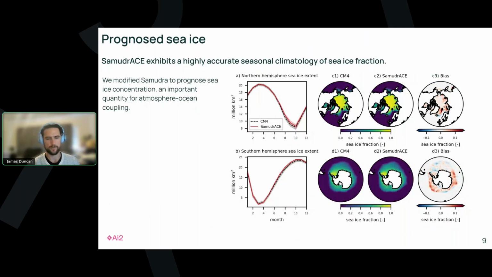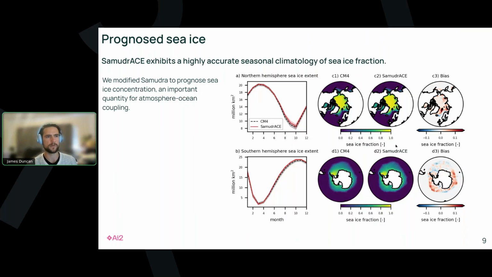And yeah, so prognostic sea ice is one thing that we modified by adding to Samudra. And we're happy to see that Samudra exhibits a highly accurate seasonal climatology of the sea ice fraction, both in terms of the seasonal cycle and also the time mean distribution.